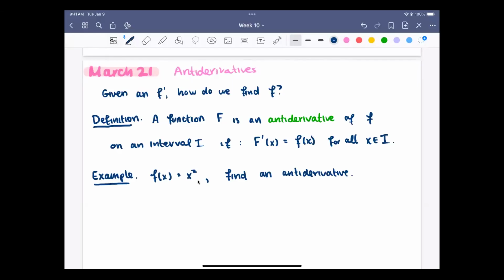Let's think about this. When I take the derivative of something, when is my answer a polynomial? What type of function has as its derivative a polynomial? Yeah, it's also going to be a polynomial. And what will the degree of that polynomial be?